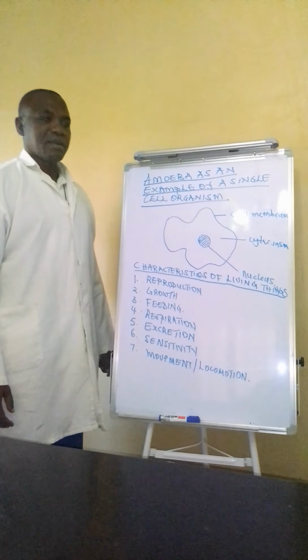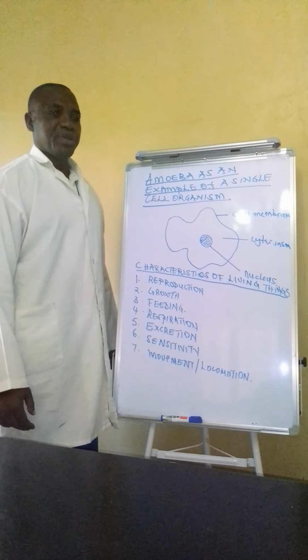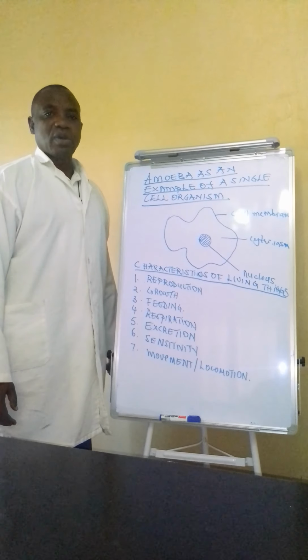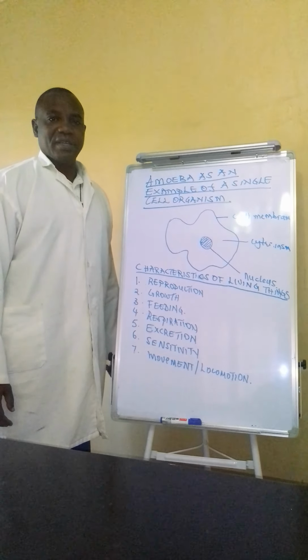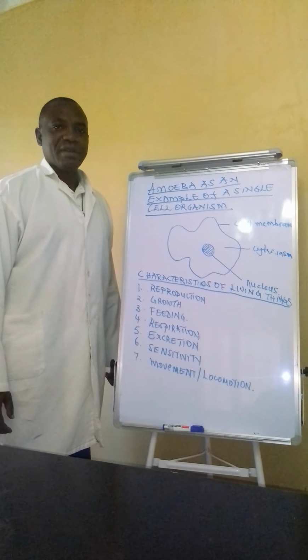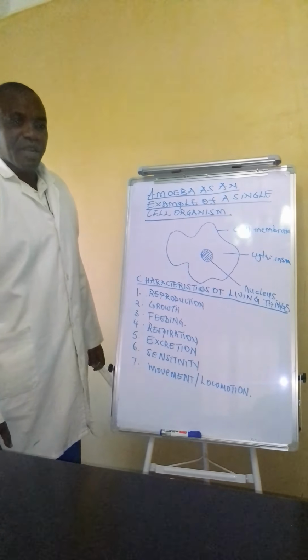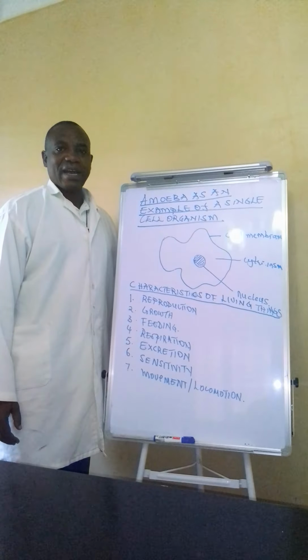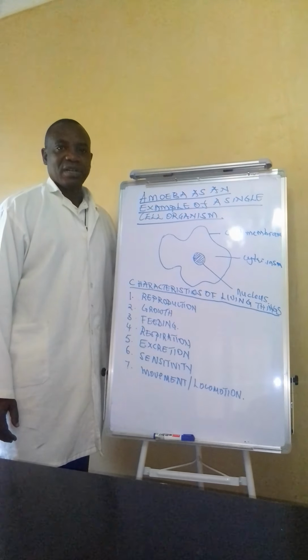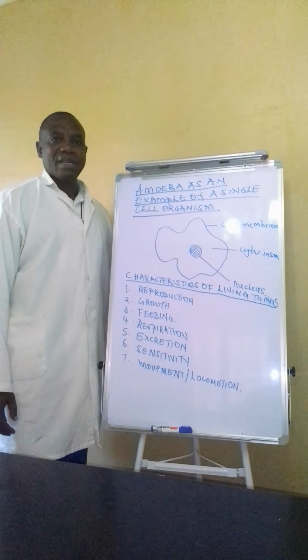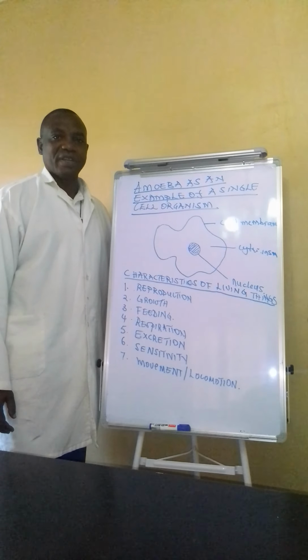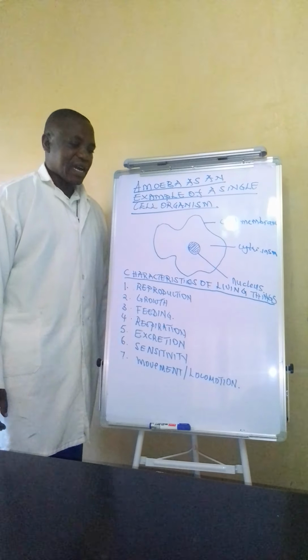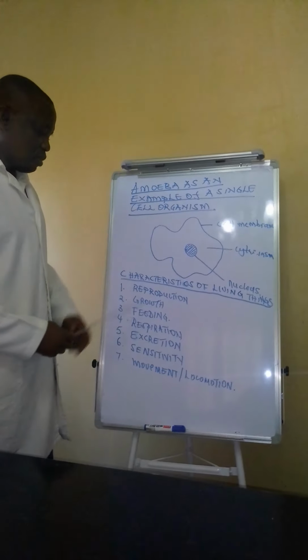The cell is believed to be the smallest organism, as exemplified by a cell type known as amoeba. Amoeba is regarded as a single cell organism. It is able to carry out the 7 characteristics of living organisms which I've listed on the board.